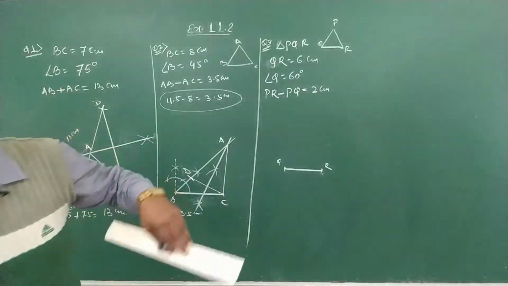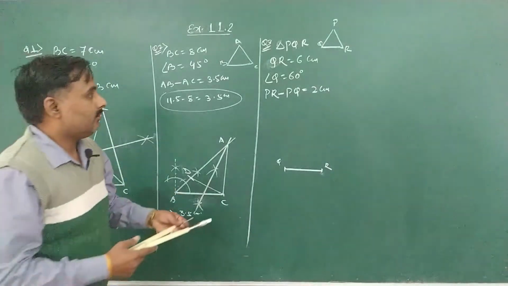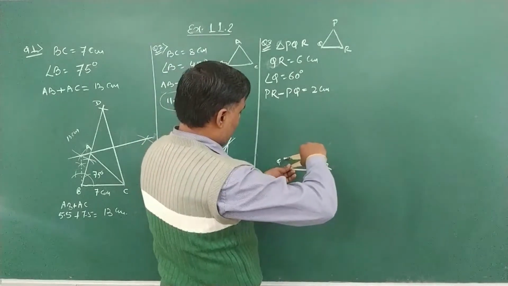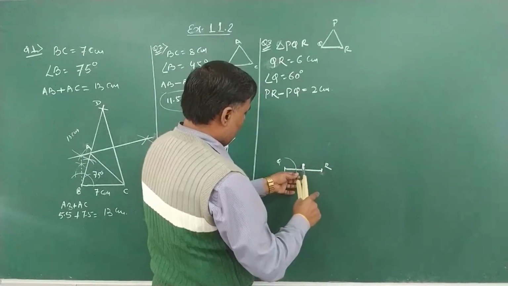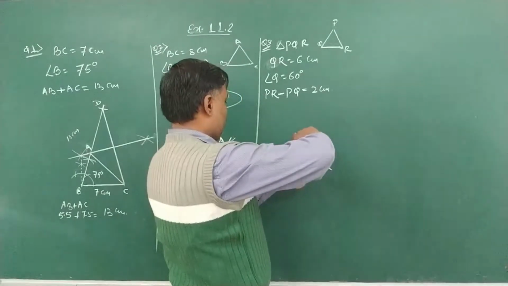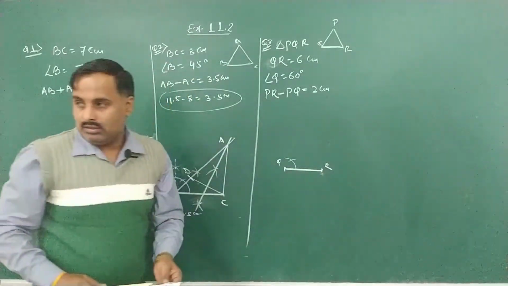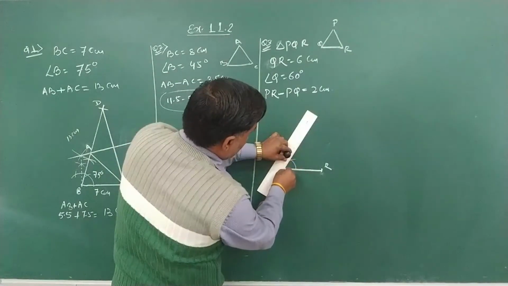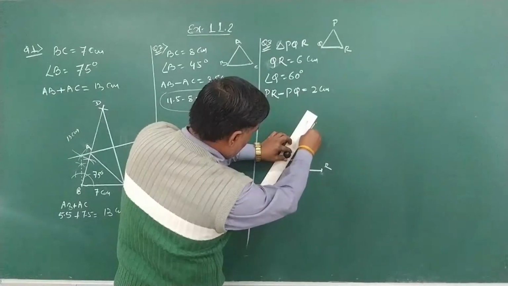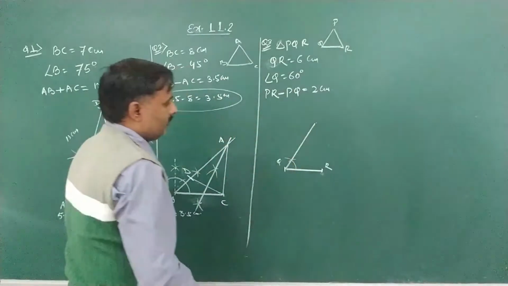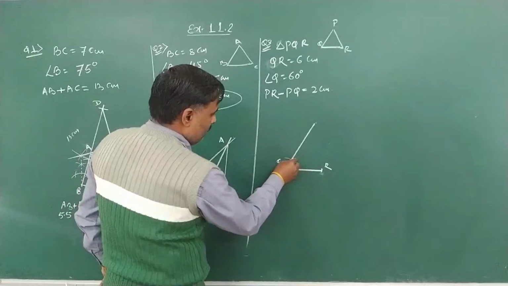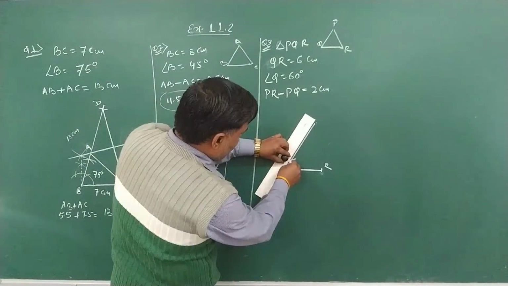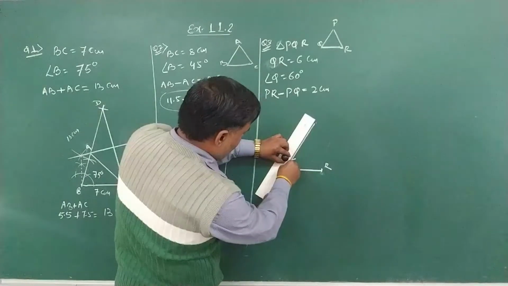And angle Q is 60 degree. So draw an angle of 60 degree at Q. And we extend it in the lower part because the difference is not in sequence.